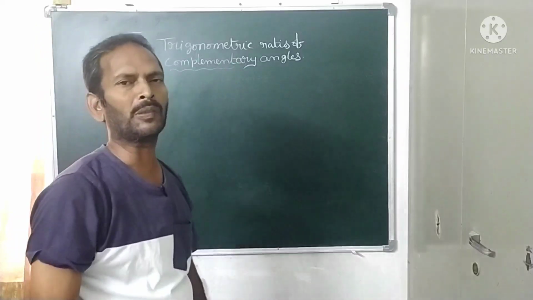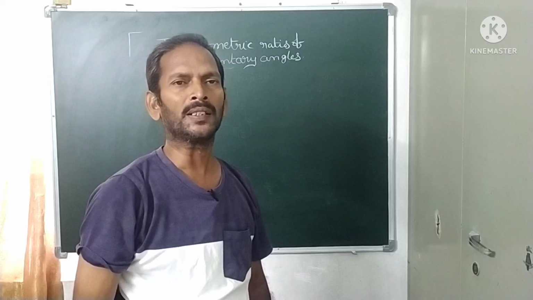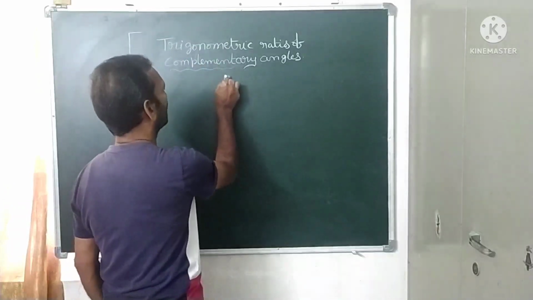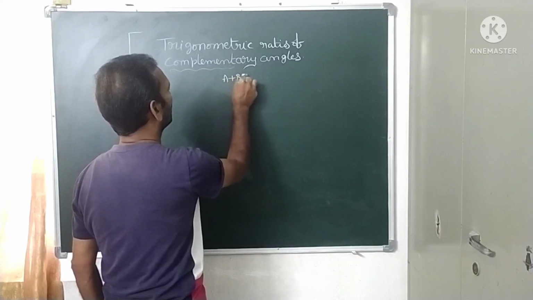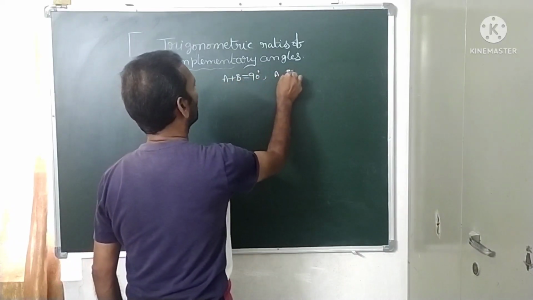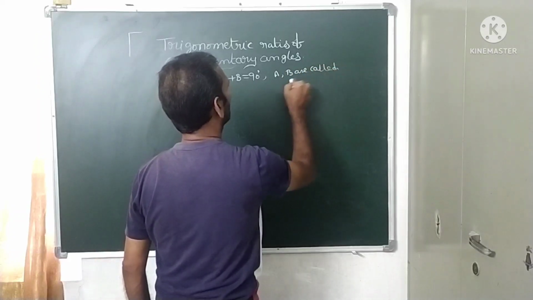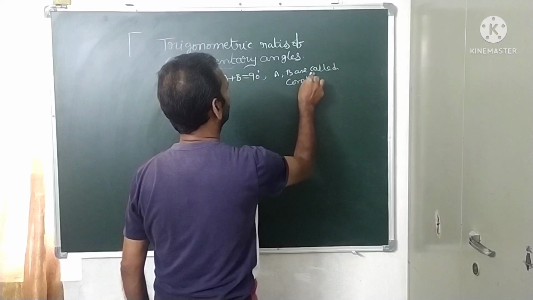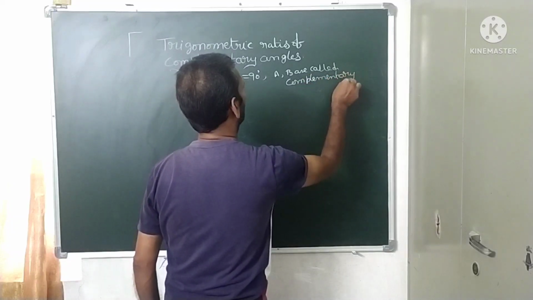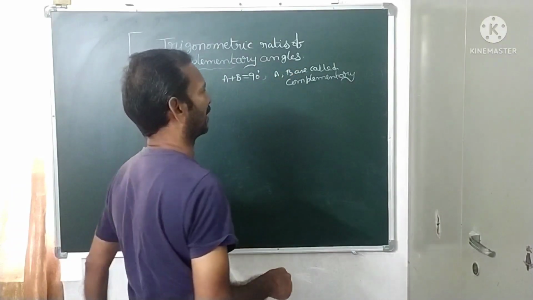What is the meaning of complementary angles? If two angles are complementary, the sum of their angles is equal to 90 degrees. That means if A plus B is equal to 90 degrees, then A and B are called complementary angles.